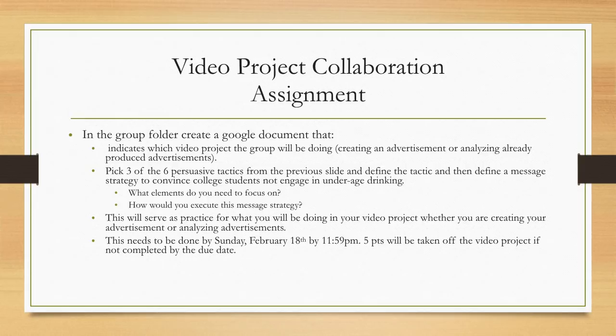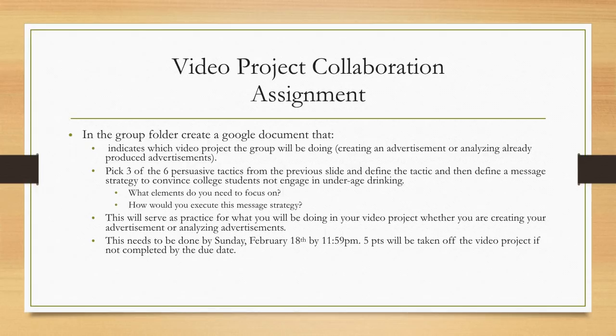Then I want you to pick 3 of the 6 or 7 persuasive tactics from the previous slide and define the tactic, and then define a message strategy to convince college students not to engage in underage drinking. All right, so you want to define the tactic, then you want to define the message strategy that you would use to convince them not to do so.